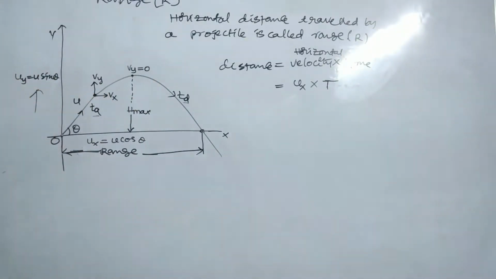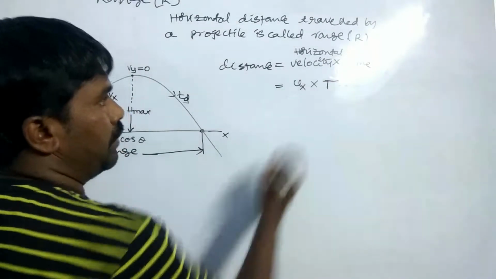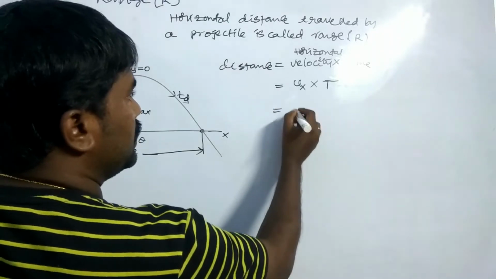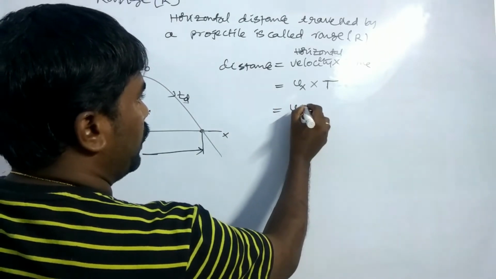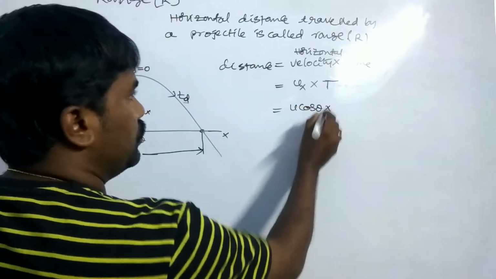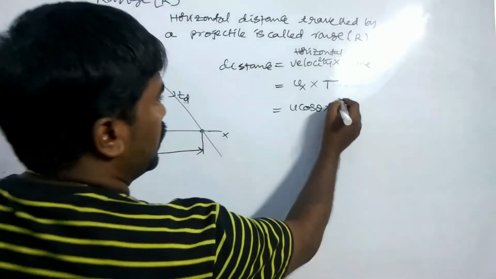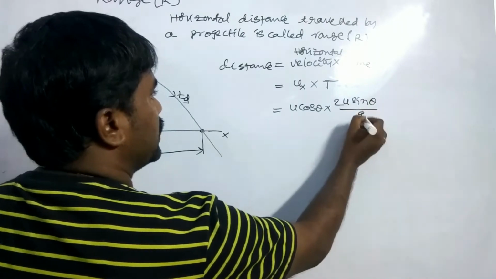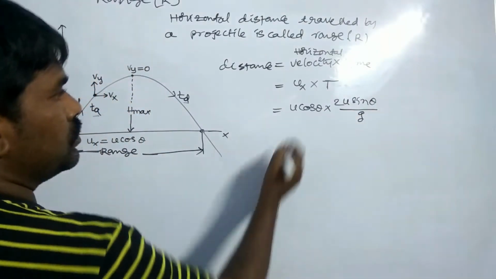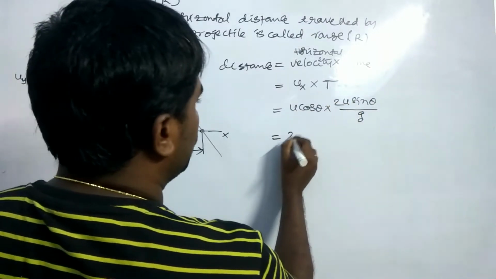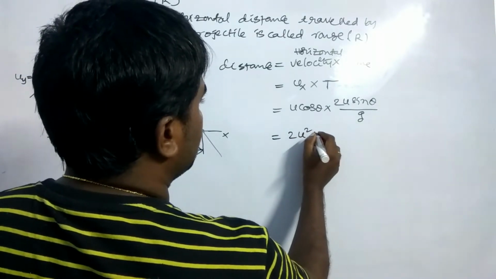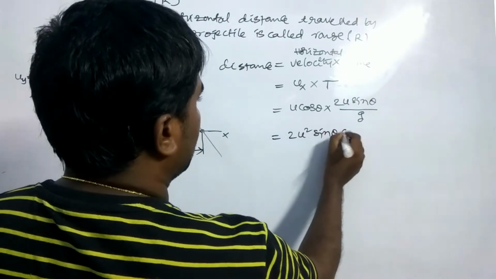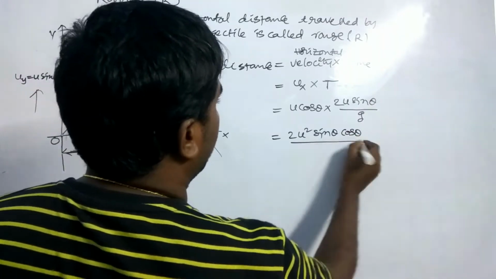Time of flight, you need to write capital T here. Therefore, ux equal to u cos theta, into capital T, which is equal to 2u sin theta by g, that is the time of flight. So it is 2u square sin theta cos theta by g.